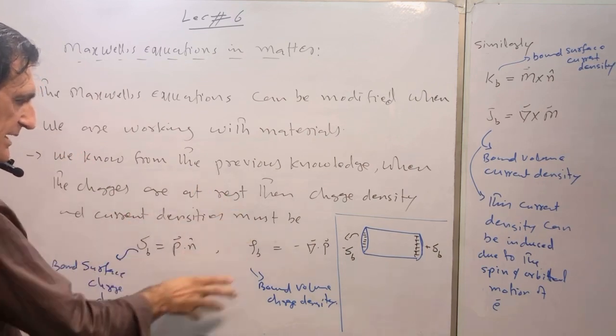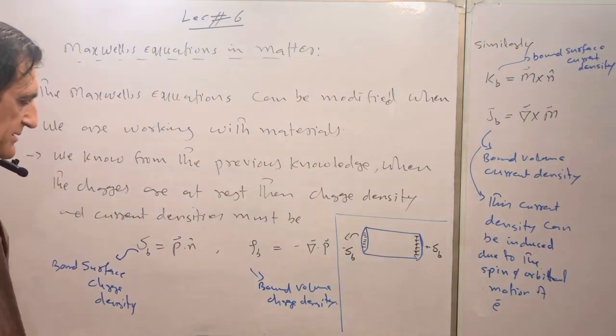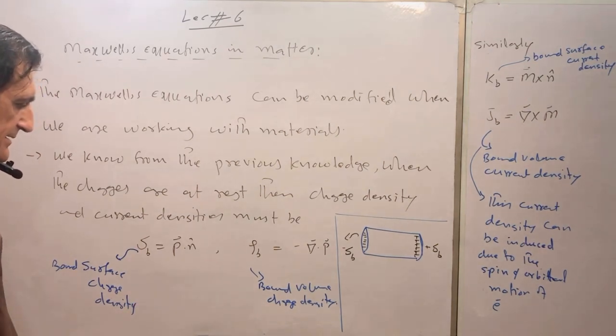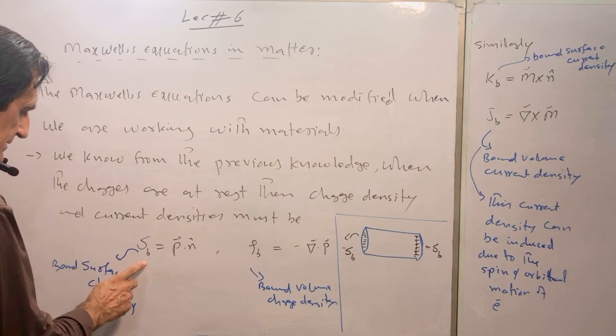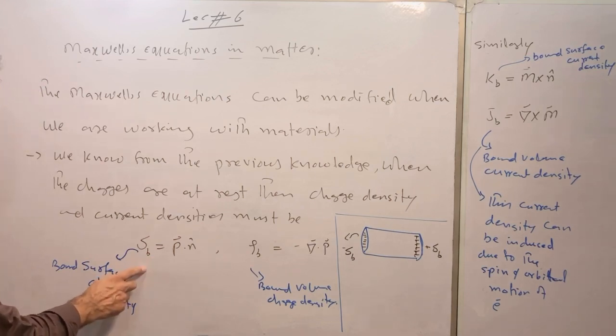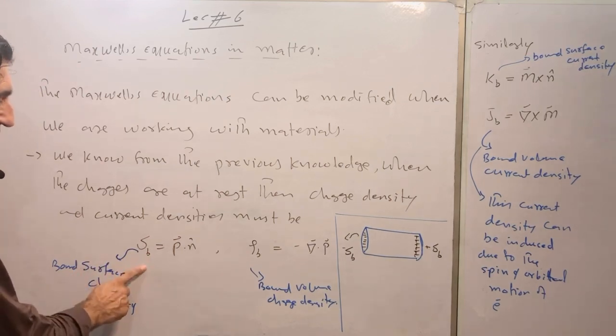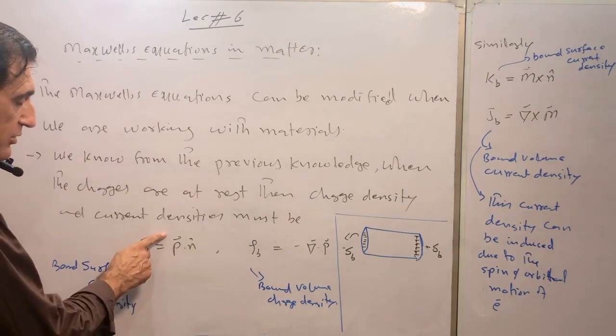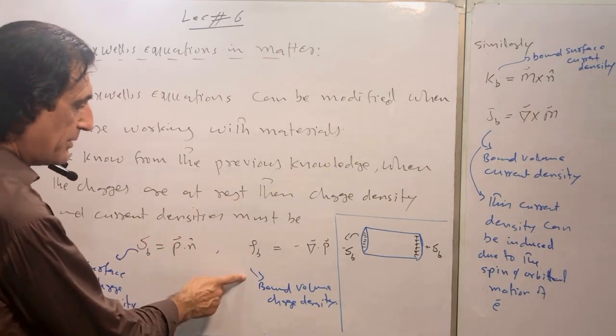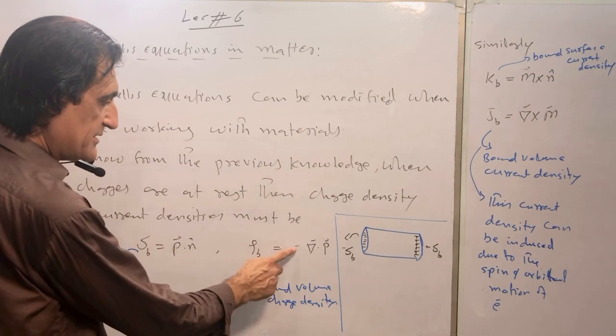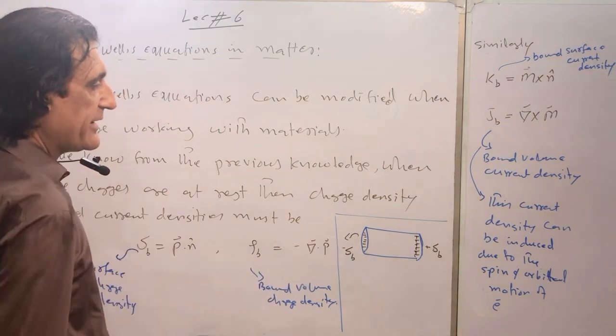We have explained this in chapters 5 and 6. The bound surface charge density is equal to the polarization, and the bound volume charge density is the divergence of polarization.